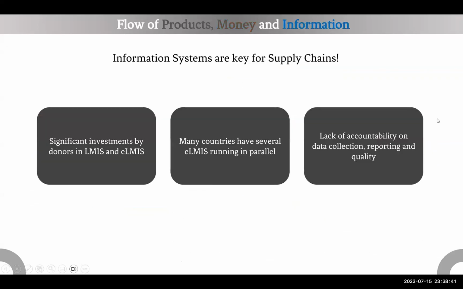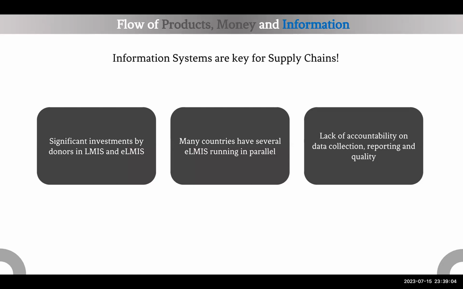The next thing is information. So like I said initially, information technology is a very important aspect in supply chain, because information itself, data and information, is key in managing any supply chain. Supply chains evolve every day.